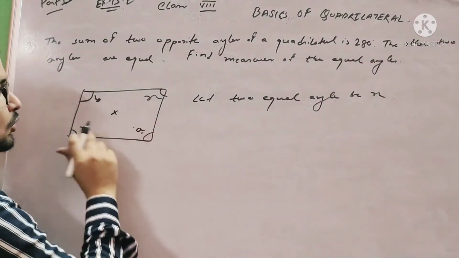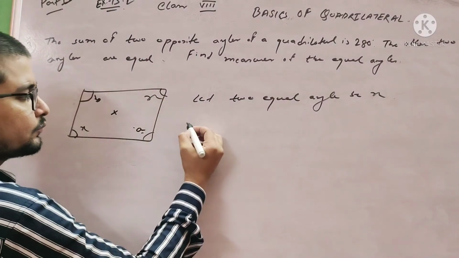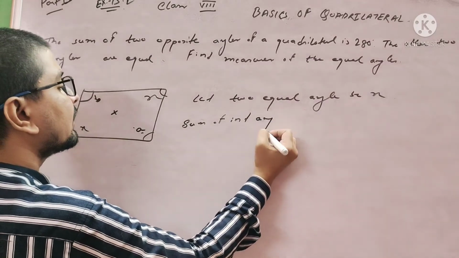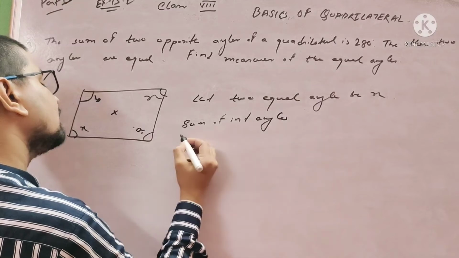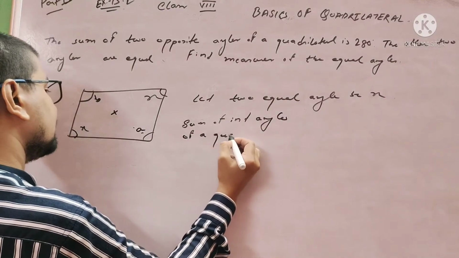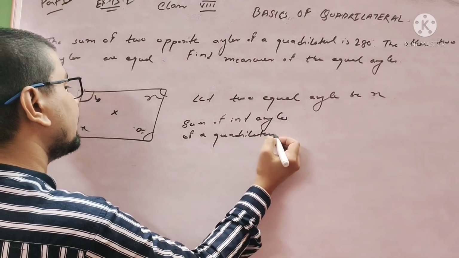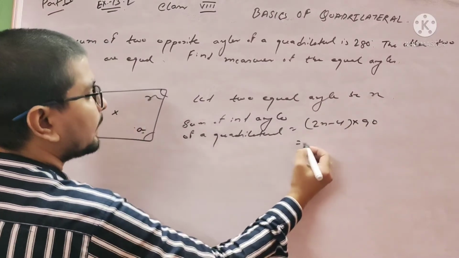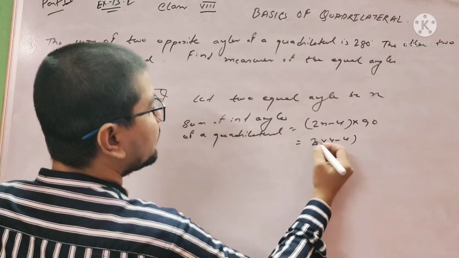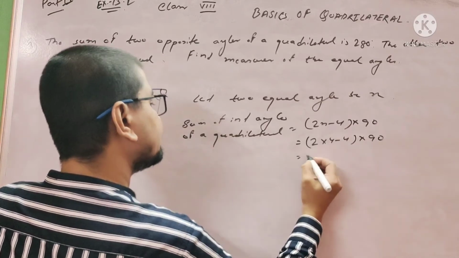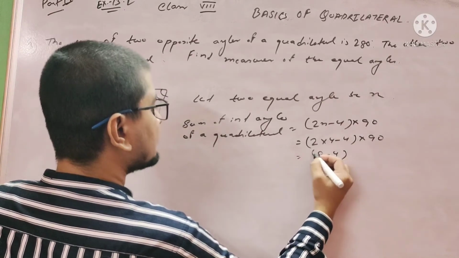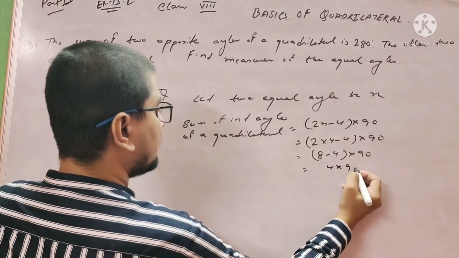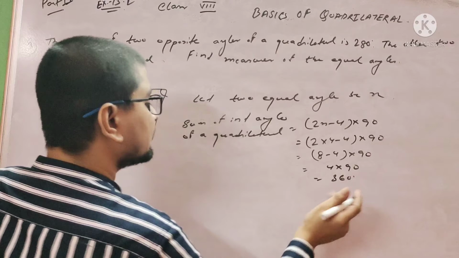So this is a quadrilateral. Sum of interior angles of a quadrilateral is (2n minus 4) into 90. So 2 into 4 minus 4, that is 8 minus 4, into 90. So 4 into 90 is 360.